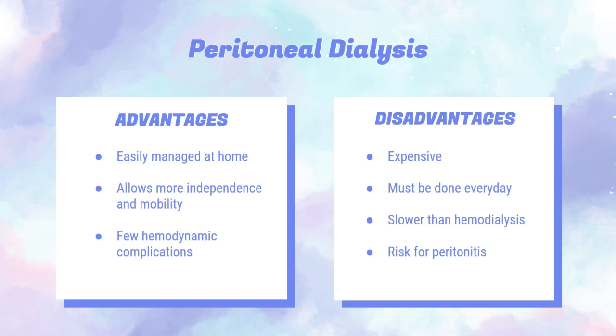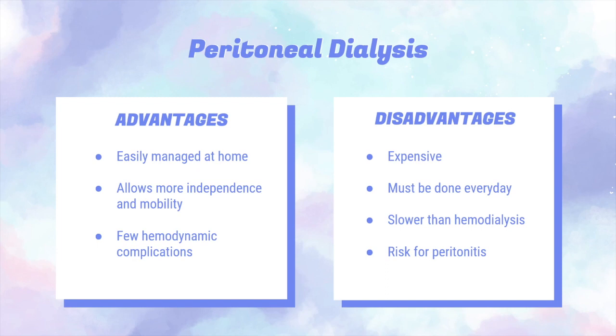Second, it allows more independence and mobility because you will learn how to do your treatment at home according to your schedule, as long as you do it as it is required, and it enables you to move around without needing to worry about the disconnection. Third, it has few hemodynamic complications because, unlike hemodialysis, the catheter is connected to the lining of a belly or a peritoneal membrane rather than directly to a blood vessel.